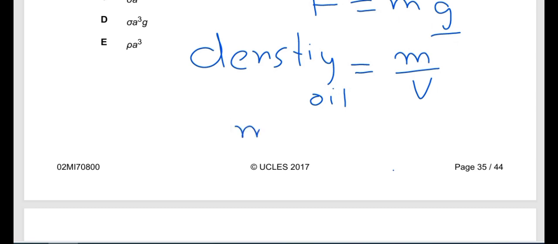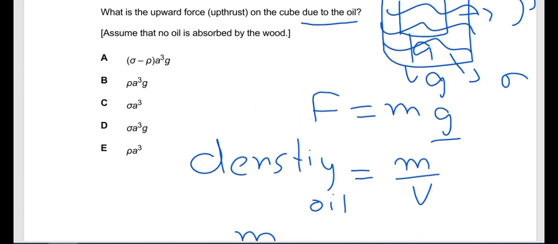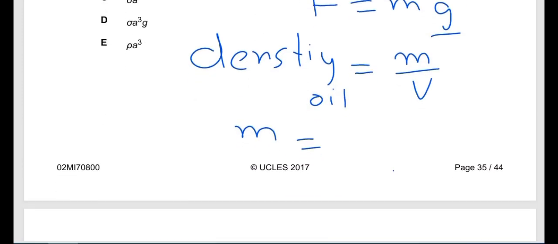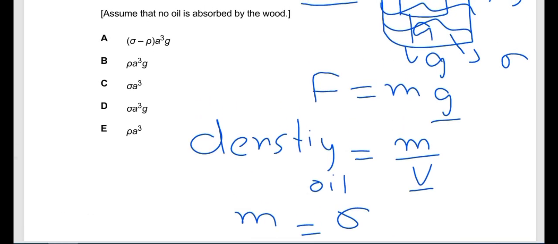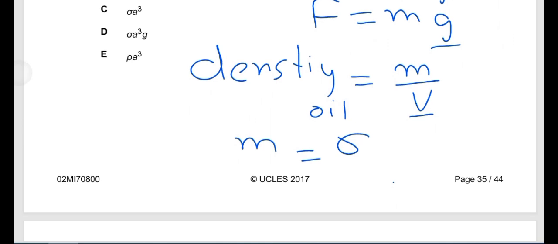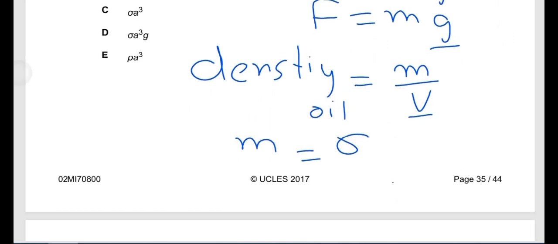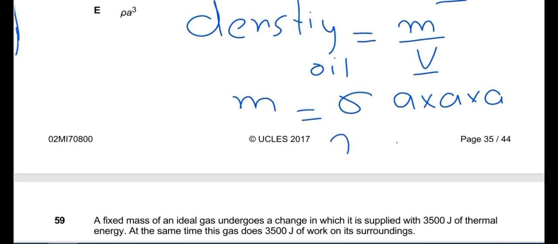So mass is equal to density, which for the oil is represented by sigma, times V, the volume of the cube, which is A multiplied by A multiplied by A. So m is equal to sigma A cube.